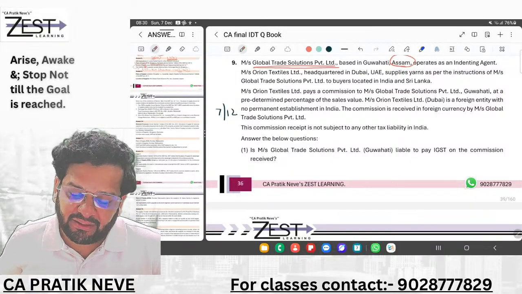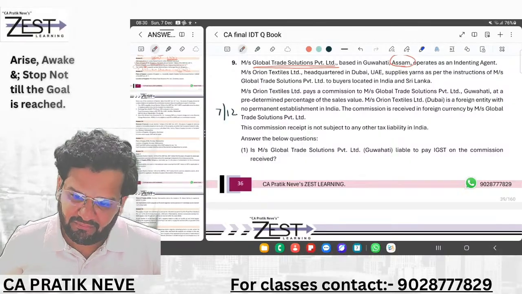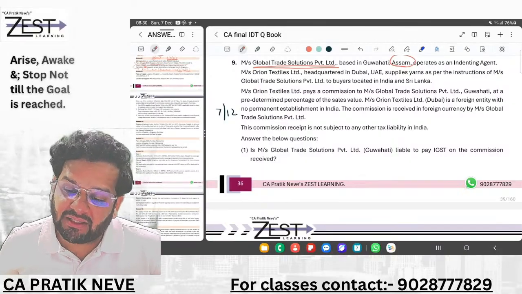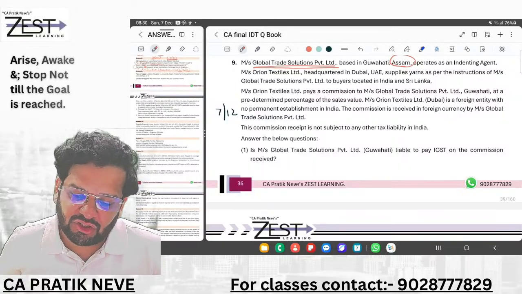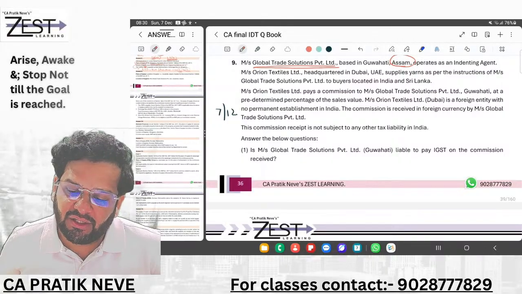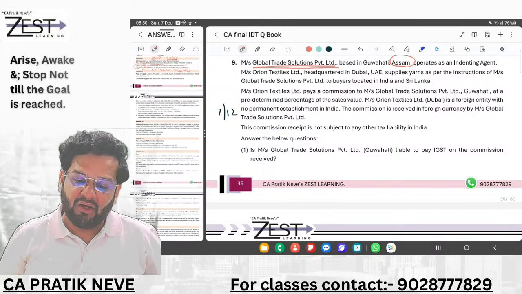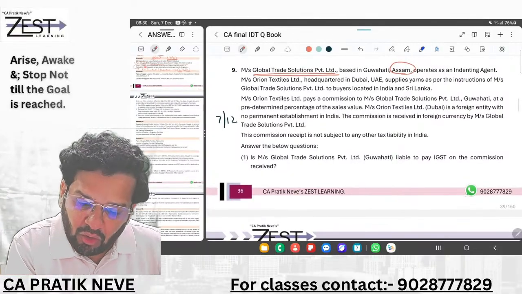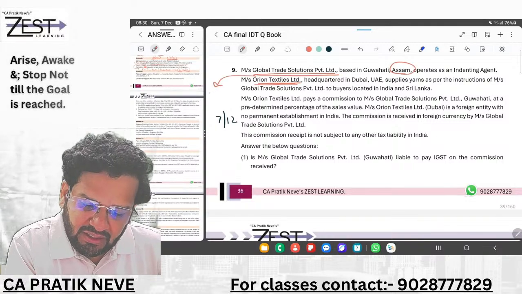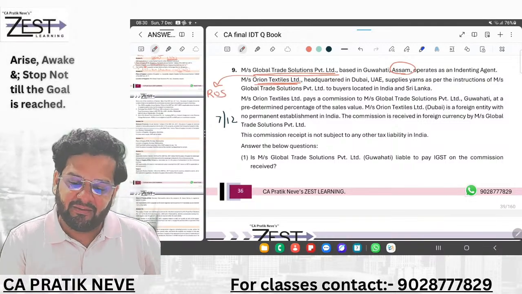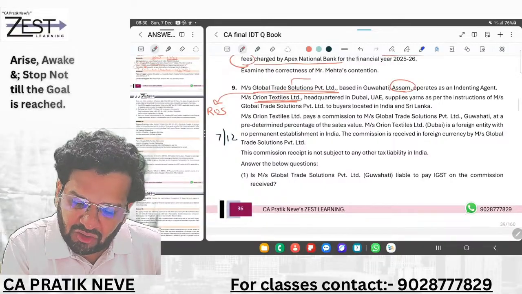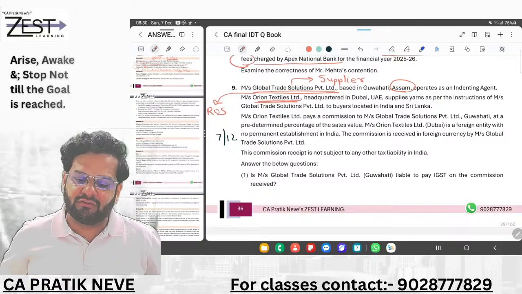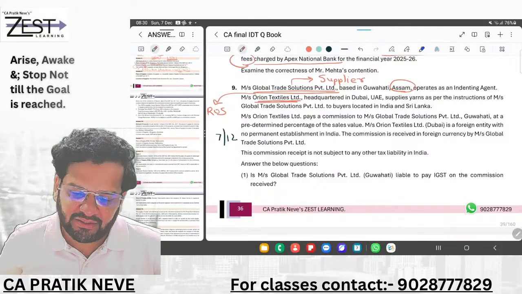Orient Textiles Limited, headquartered in Dubai, supplies yarns as per instructions of Global Trade Solutions Private Limited to buyers located in India and Sri Lanka. Orient Textiles pays commission, meaning Orient Textiles is the recipient of supply and Global Trade Solutions Private Limited is the supplier of services. Do you agree?